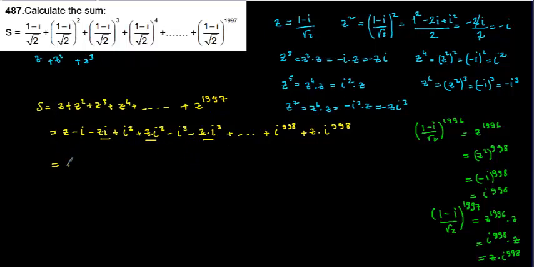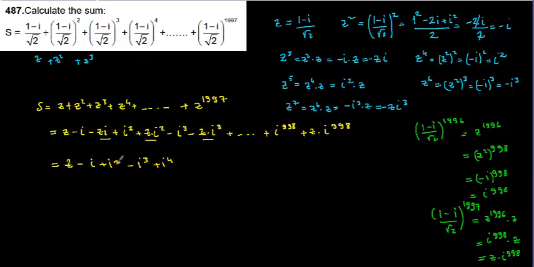So I'm writing like this: z, minus i, plus i squared, minus i cubed, and the last term is going to continue with plus i to the power of 998. When the power is odd, it is negative.